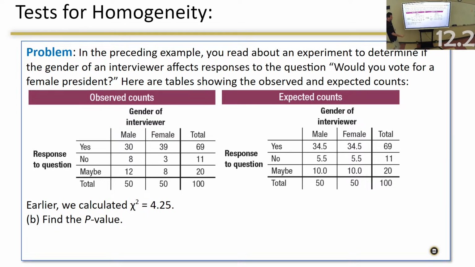Earlier, they calculated the test statistic at 4.25. They do that a lot. They tell you the test statistic a lot of times without you having to calculate it. That way you can't mess up. Every single student that takes this test gets the same test statistic, whether you mess up or not in your calculator. Last test, the milking one, right?